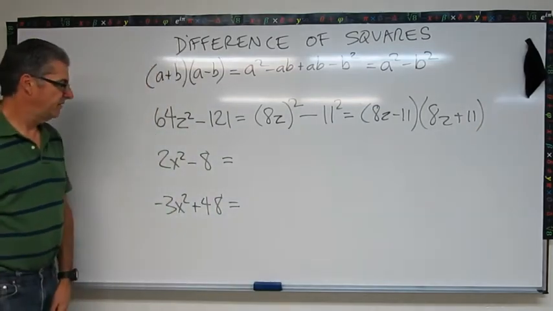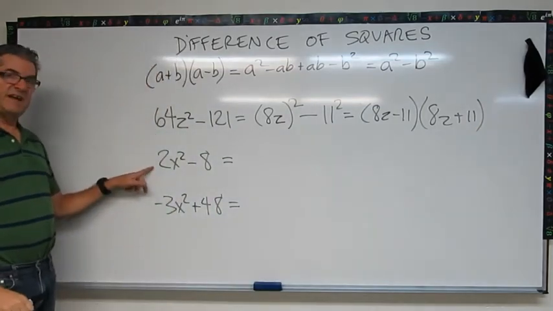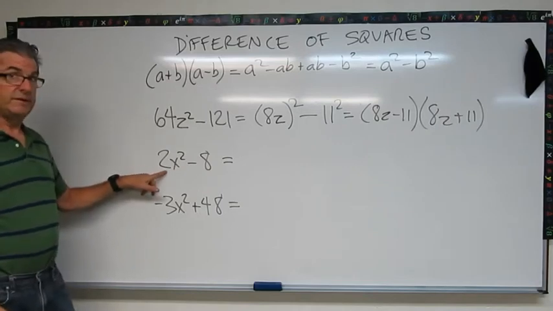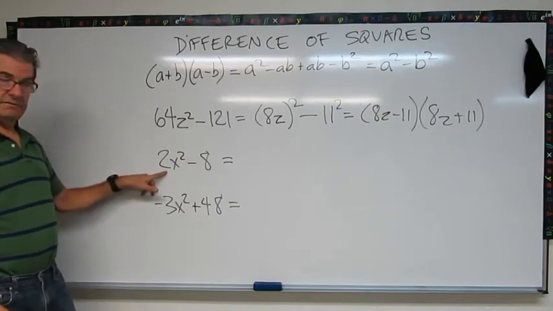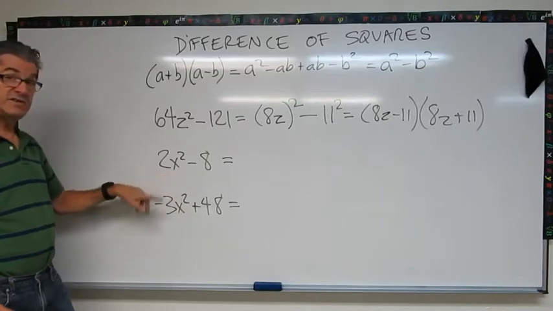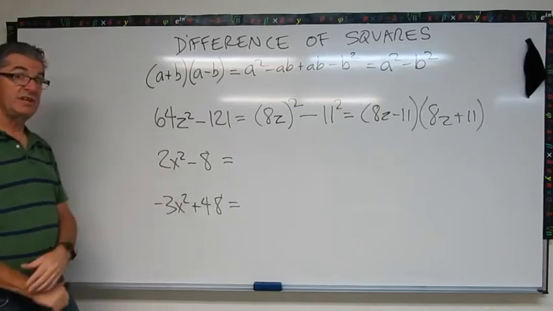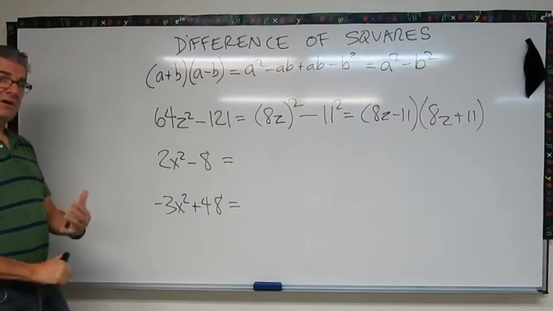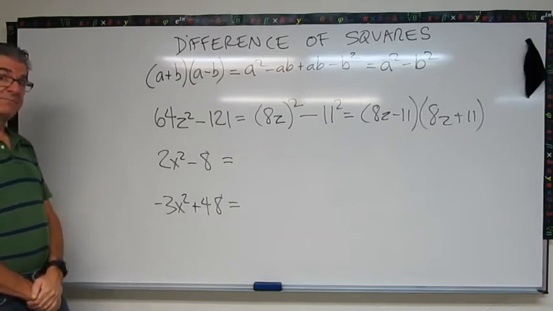Bingo! Okay, now this one has a little extra wrinkle to it. Notice how 2 is not a perfect square. Okay, but there's something you can do here first that will turn this expression into a perfect square. So think real hard and pause the video if you think you can do that.